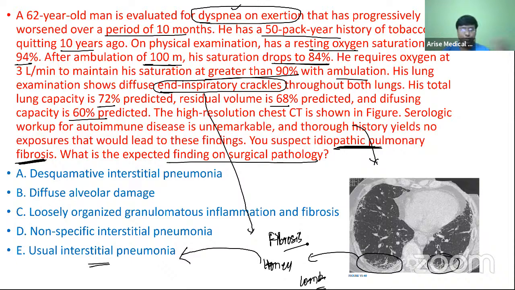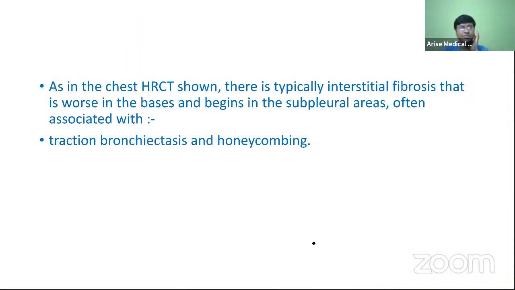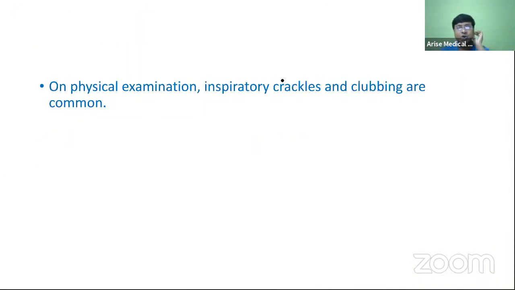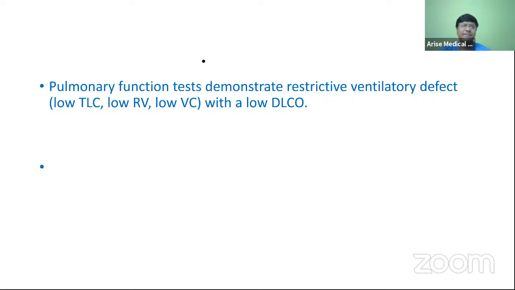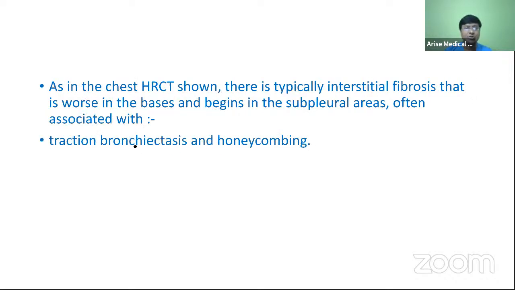The same way you see in the question also. On physical examination, there is presence of inspiratory crackles and clubbing is common. Pulmonary function test shows all the parameters being reduced: low total lung capacity, low residual volume, low vital capacity, and low diffusion capacity of the lung for carbon monoxide.